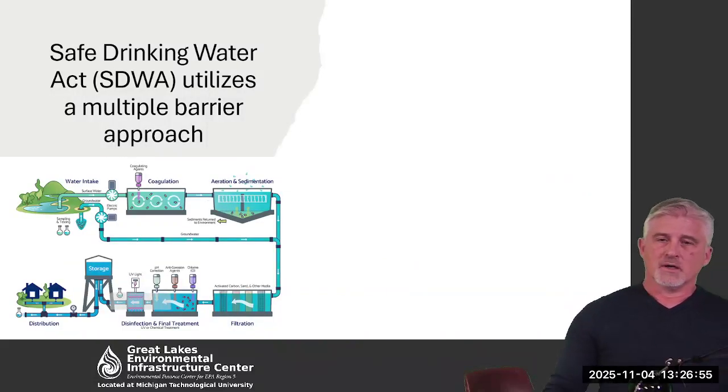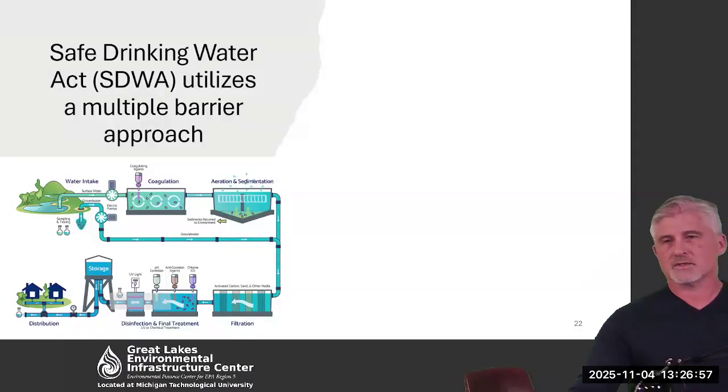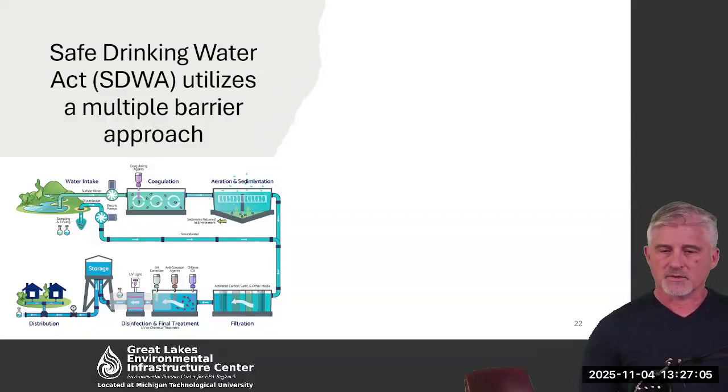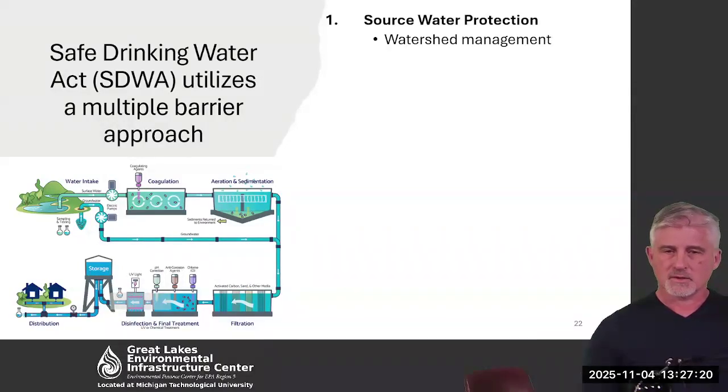So as I said before, the Safe Drinking Water Act uses a multi-barrier approach. We're going to have several different things from source to out into the distribution system that hopefully keep us from having water quality issues and allow us to have good quality water.